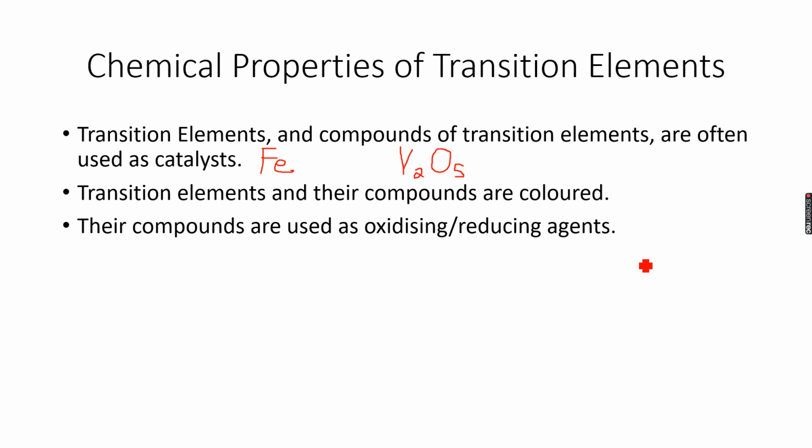Fe3+ can be reduced, and thus it's an oxidizing agent. Fe2+ can itself oxidize, so it's a reducing agent. When we do reaction kinetics, I'll be doing a specific example where Fe2+ and Fe3+ are used as catalysts.